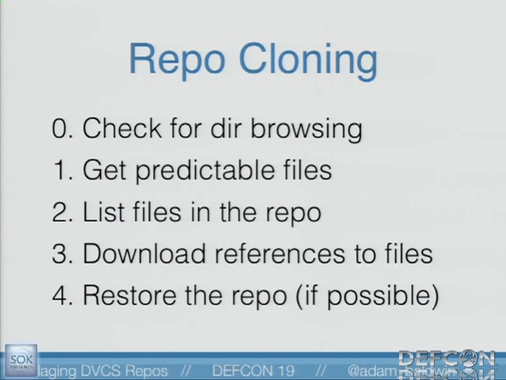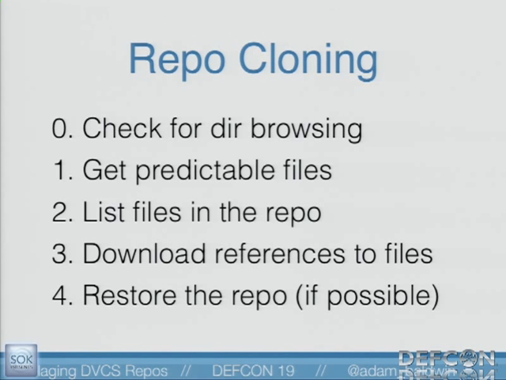So once you've identified the repo, that you have a Git repository or an HG repository or Bazaar, you need to clone that repository. And you can't simply run, say, git clone and clone that URL. So here's the process that we came up with to actually extract data from the repositories.